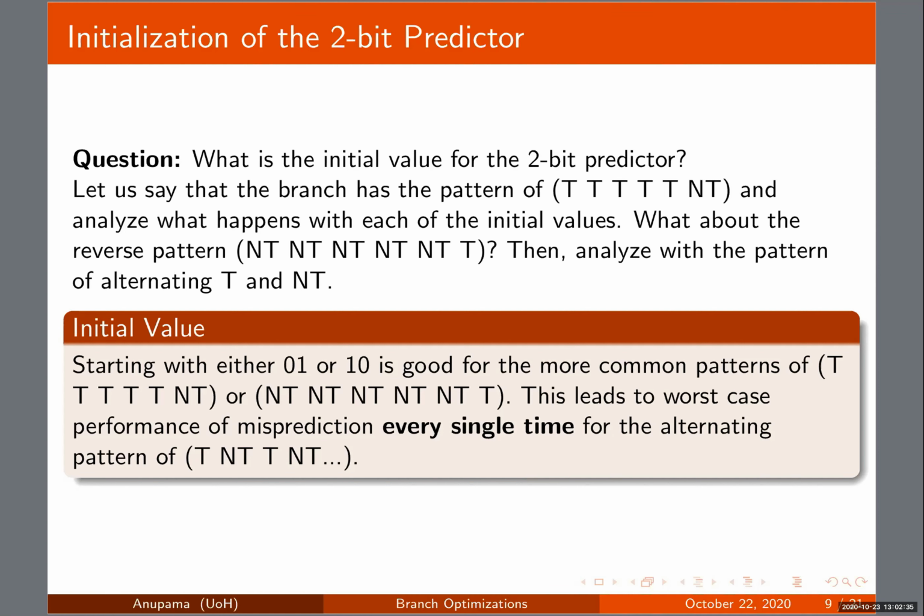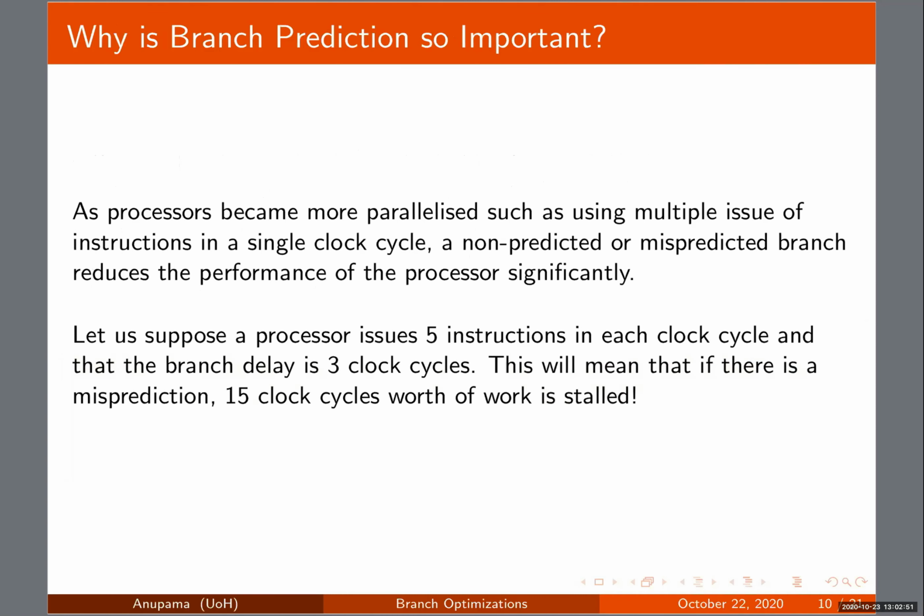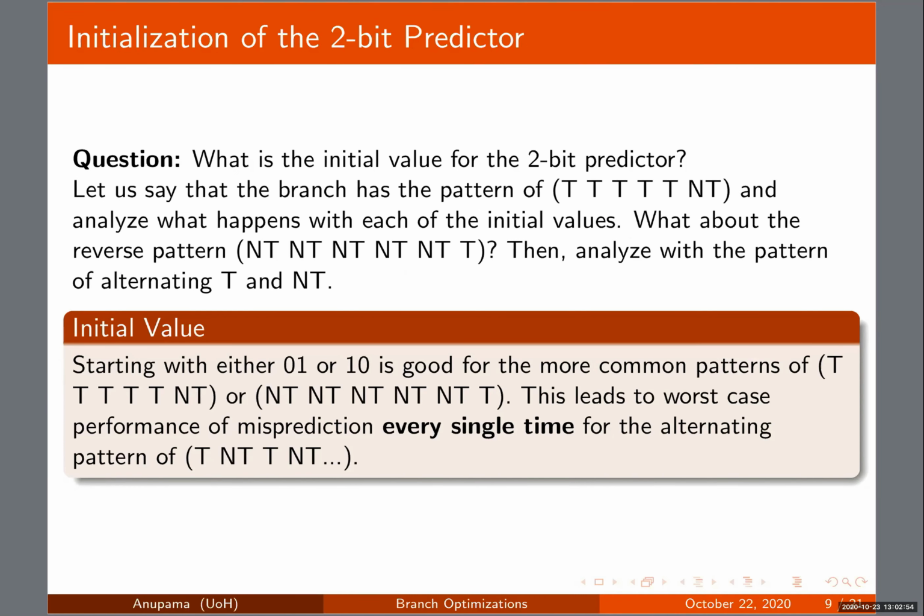But if you have alternately taken, not taken sort of branch behavior, then you will be having a wrong prediction every single time. Okay. So that's something we need to keep in mind. And we will see in the next class why branch prediction is so important and why you have more and more complicated branch predictors implemented in modern processors, and all the other optimizations that are done to reduce the stalls due to branches.